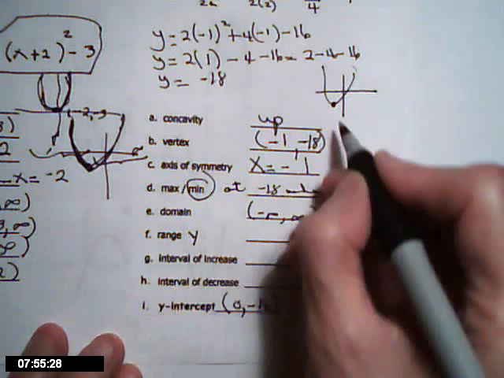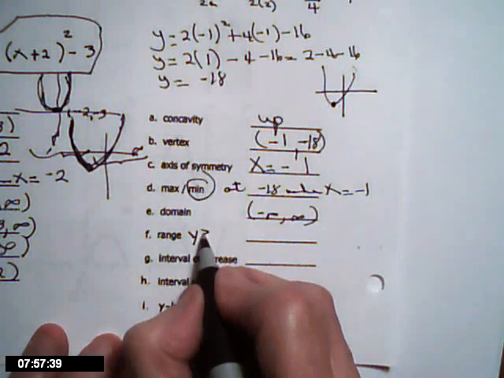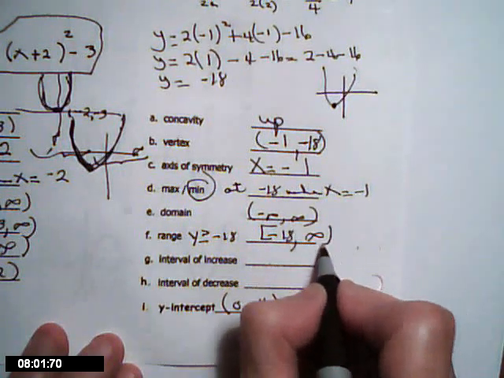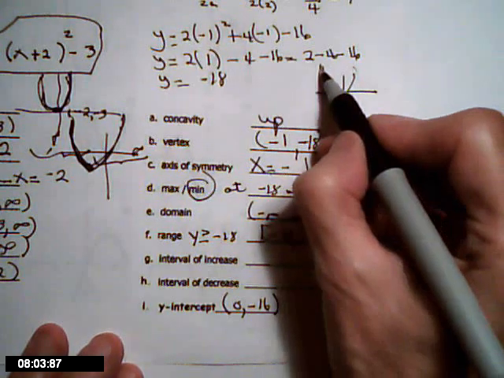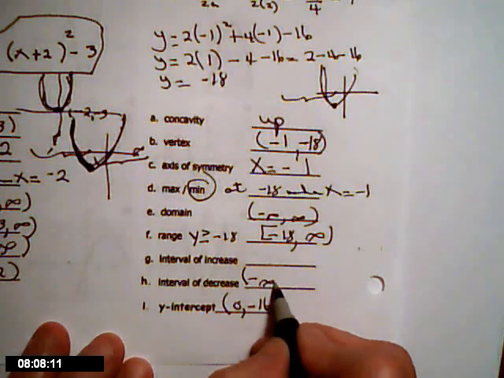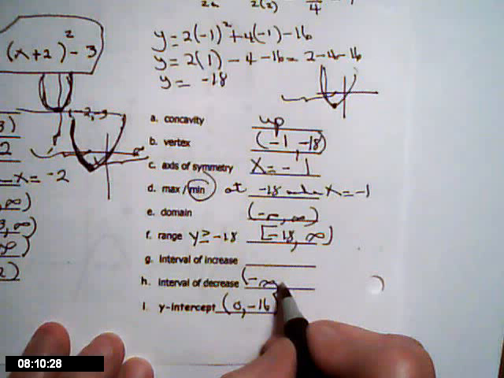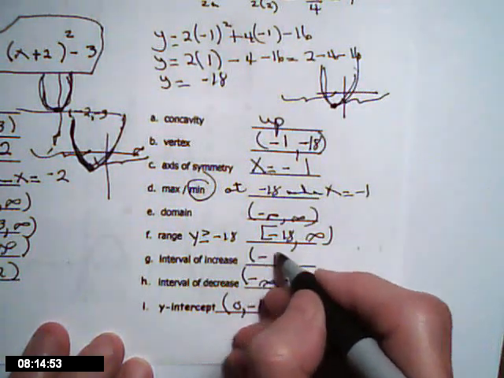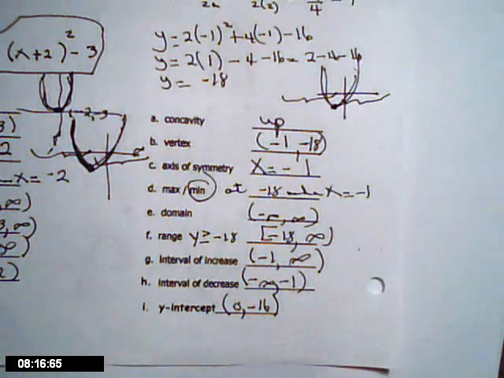The range y is all above that point, so it's greater than or equal to negative 18, or it starts at negative 18 and goes to infinity. You are decreasing from negative infinity to that x, which is negative 1, and then you're increasing from negative 1 to positive infinity.